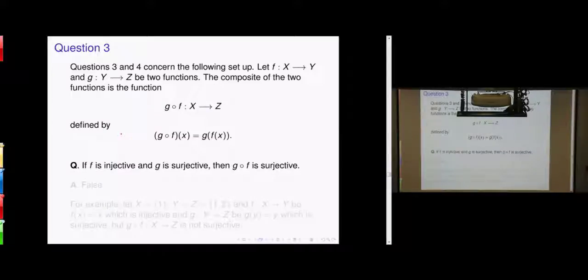Okay, so question 3. Questions 3 and 4 concern the following setup. F is from X to Y, G is from Y to Z. These are two functions.